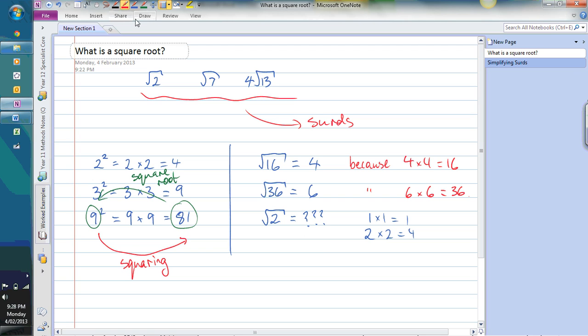And this here is what's called a surd. And it's a surd when there's no whole number answer here, or no what we call integer result to this. So I'll write that down here.